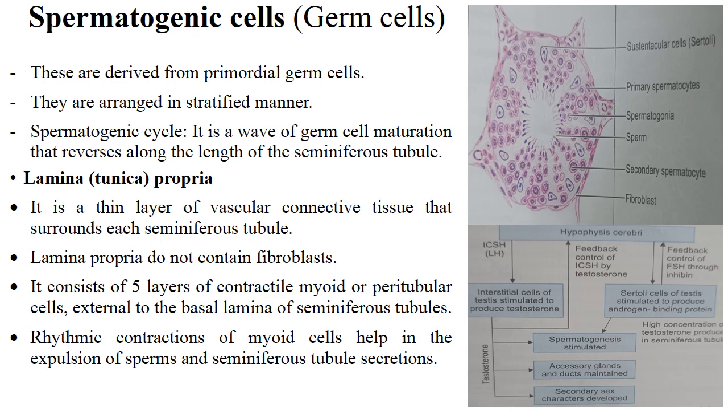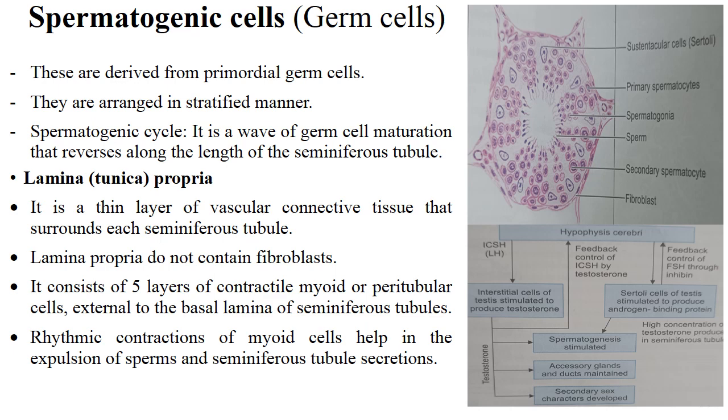Towards the basal lamella we have spermatogonia. Then as we pass inward towards the lumen, there is the primary spermatocyte, then the secondary spermatocyte. In the apical part, or the luminal surface, there is the spermatid, and within the lumen there are spermatozoa. So there is a spermatogenic cycle. It is a wave of germ cell maturation that travels along the length of the seminiferous tubule.